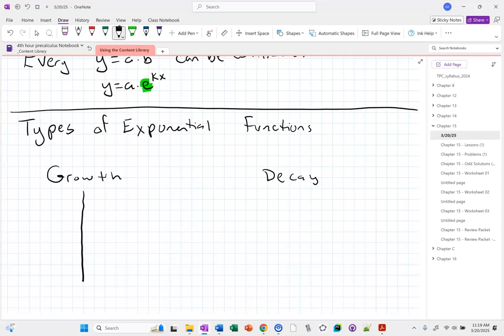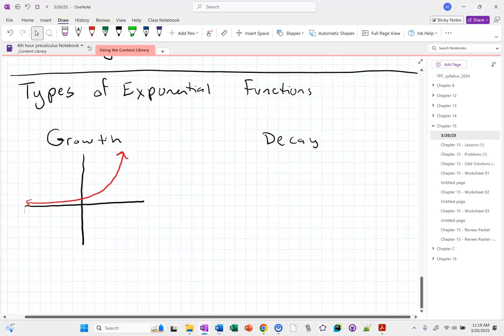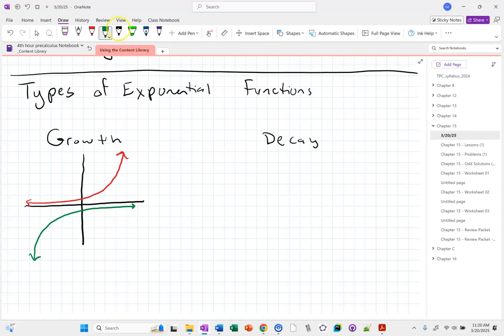A function with exponential growth should be increasing as we move from left to right, so it could look like that, or like that. A function with exponential decay should be decreasing as we move from left to right, so it would look like one of those two.